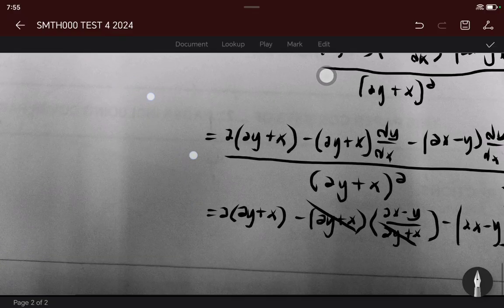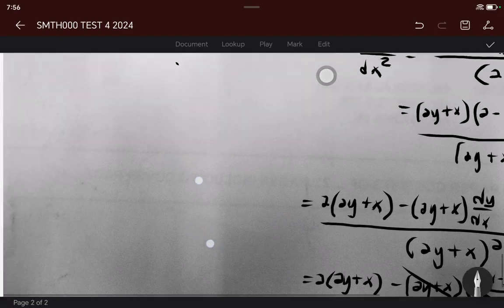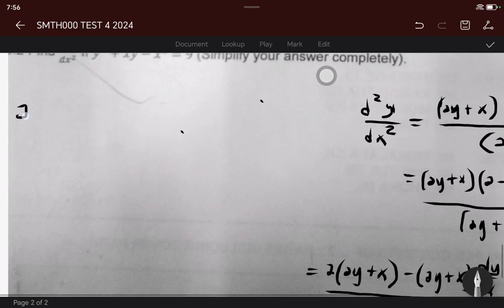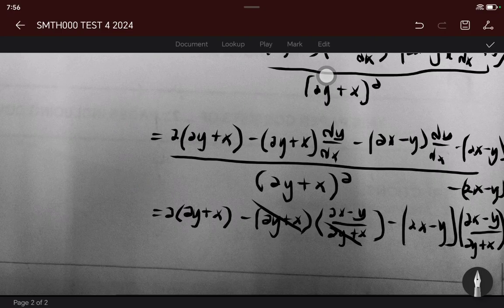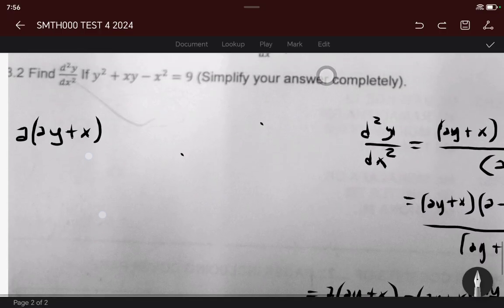So when I try to expand it from this side, this is just going to be 2, and this is 2y plus x, then this will be minus 2x minus y.